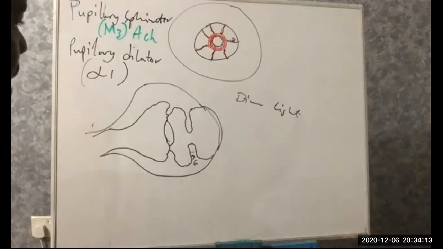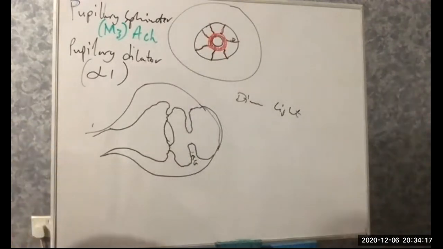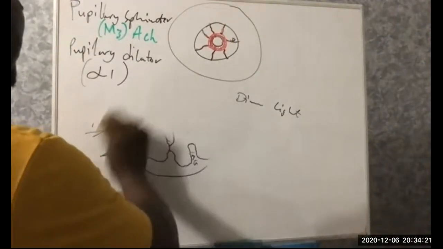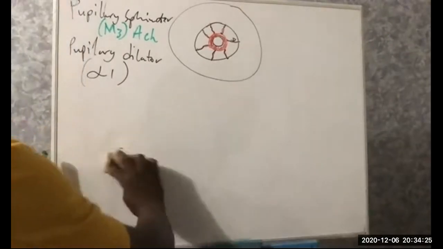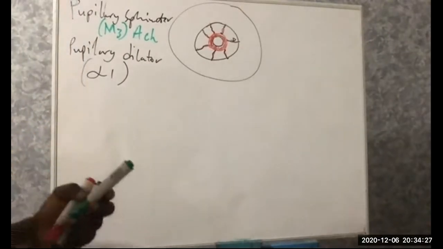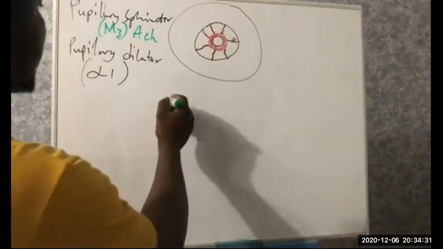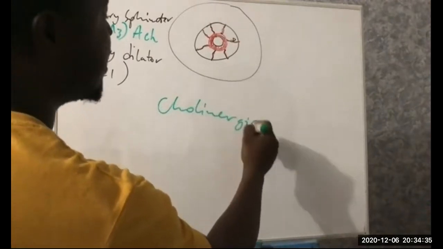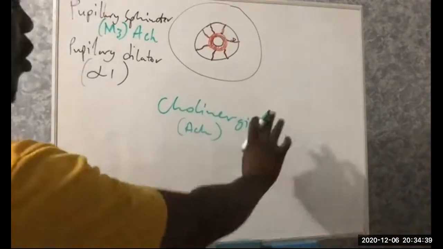Specifically, this is what is happening. When the person ate the mushroom, okay? When the person ate the mushroom, what happened was that there was an increase in muscarinic. And you know, the muscarinic receptors, first of all, are cholinergic receptors, okay? The receptors that respond to acetylcholine, or what we call acetylcholine receptors, are called cholinergic receptors.